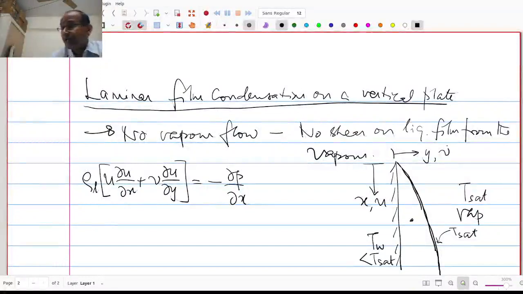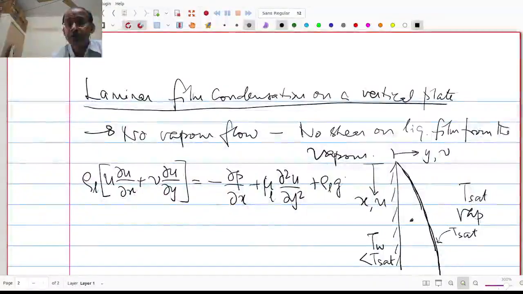Okay, del P by del x plus mu L, this is the liquid coefficient of viscosity, and because of boundary layer approximation we can neglect the axial gradient del squared u by del x squared, so you will only have del squared u by del y squared. Okay, plus there is a gravity term which will be rho liquid into g.